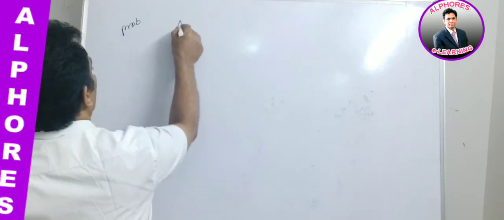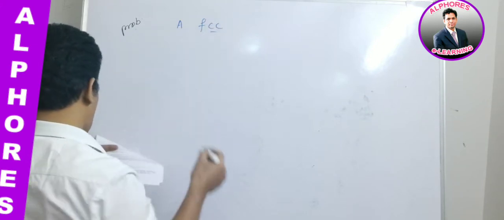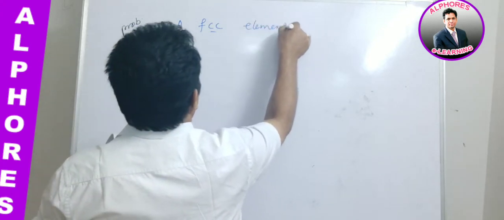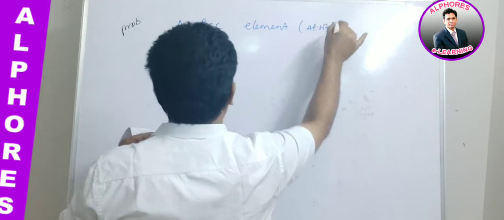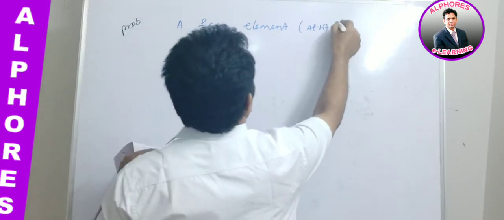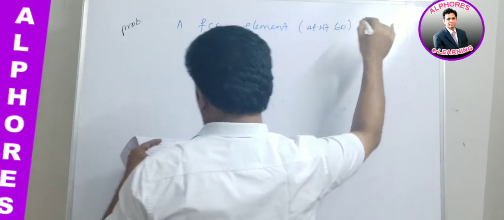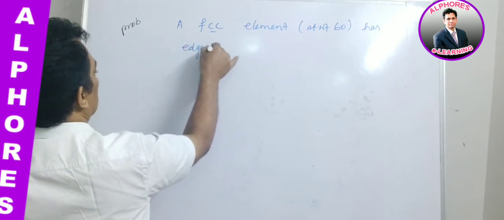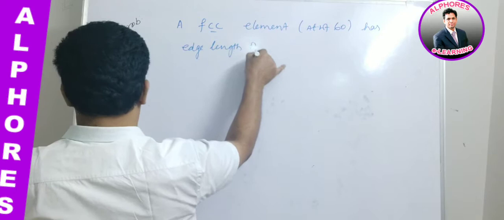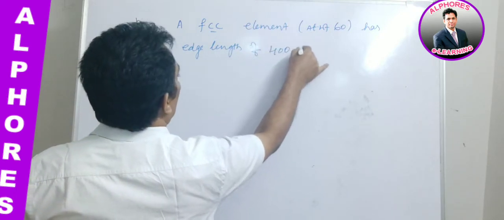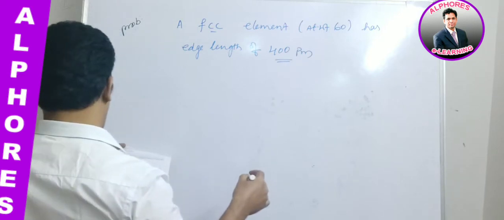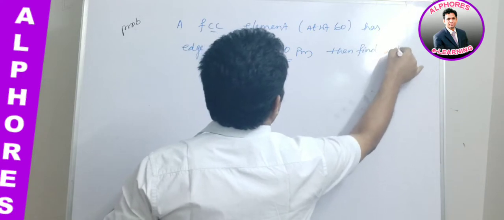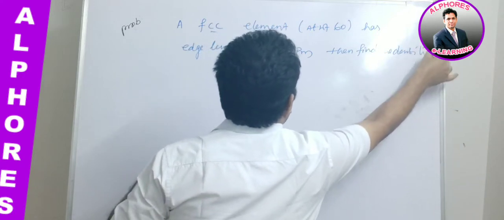The question is: a face centered cubic crystal element, its atomic weight is 60, has an edge length of 400 picometers. Then find the density of the element.